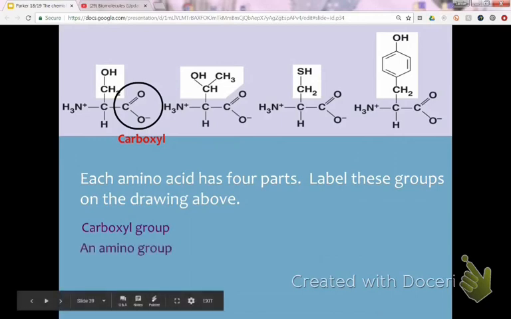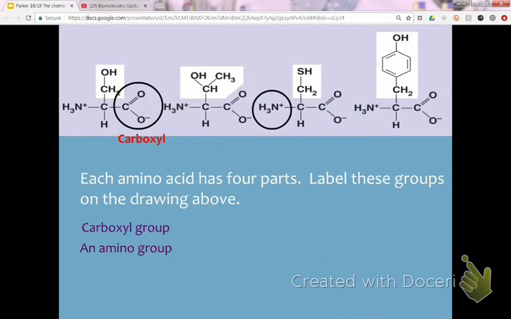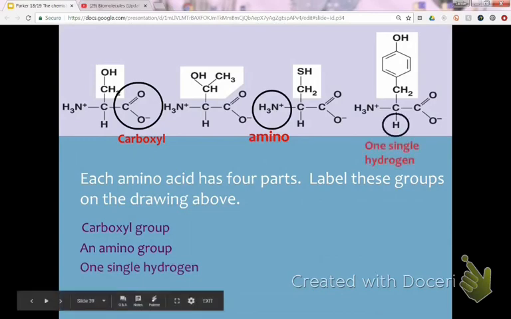The next part is the amino group. It's the nitrogen and hydrogen side. So there is the amino. You can just label it amino. Then there is a single hydrogen, which you don't need to label.